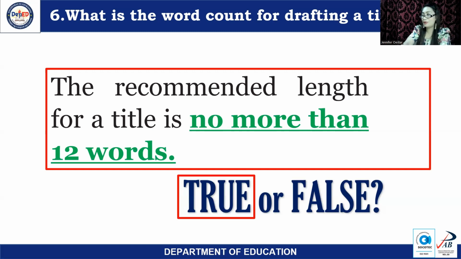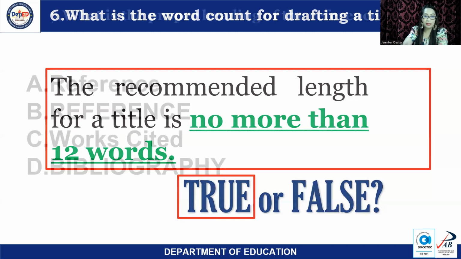We are no longer including the words study of, the evaluation of, an analysis of, and we're no longer including the exact place where the study is conducted as well as the time frame because those should be embedded in the manuscript, not in the entire title of the paper.